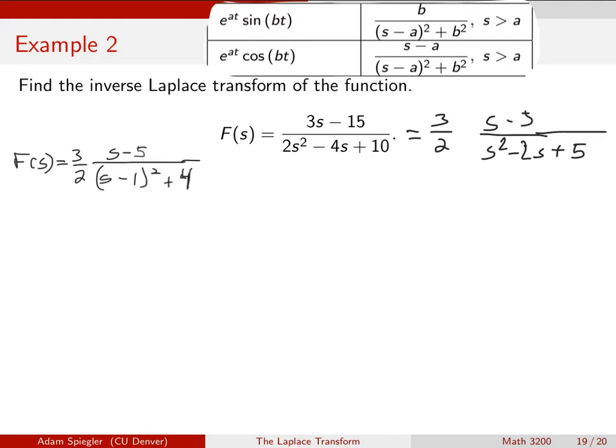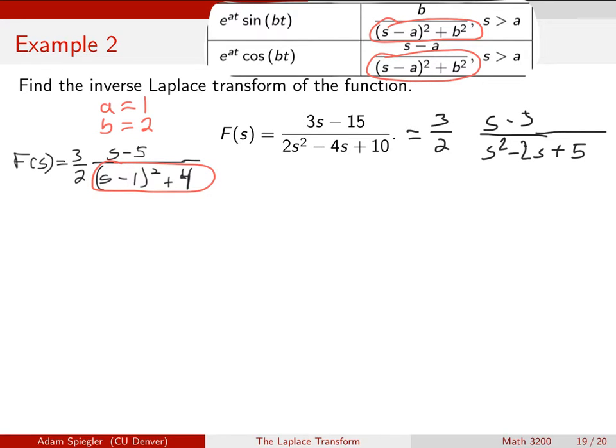And so, in fact, looking at both of these denominators and comparing it down here, we have an a value, which is 1, and a b value, which is equal to 2, right? Because 4 is 2 squared.